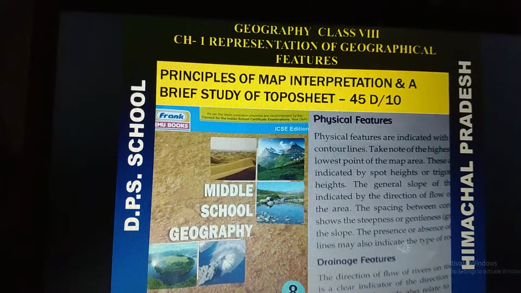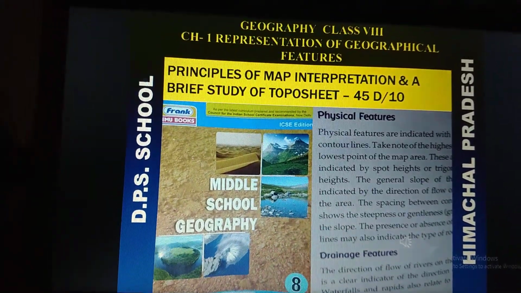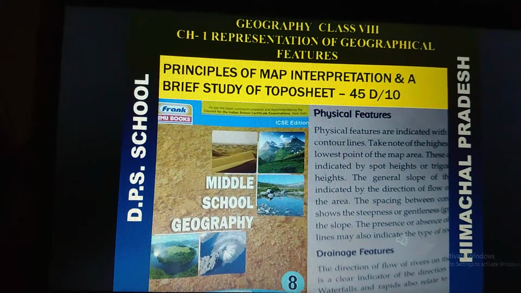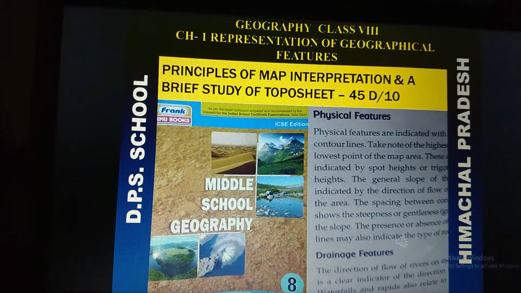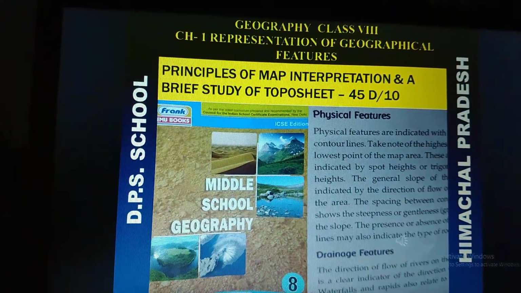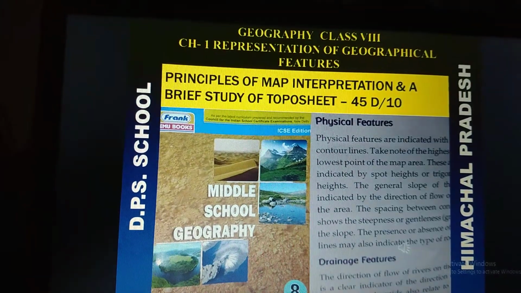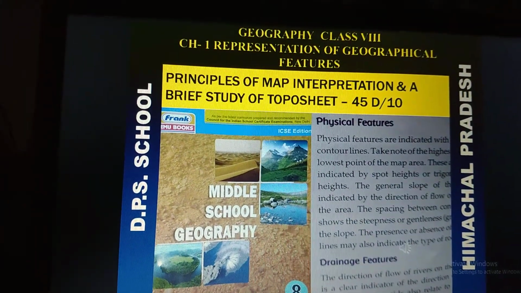We can also try to understand the various physical and man-made features which are analyzed and interpreted from a topographical sheet.